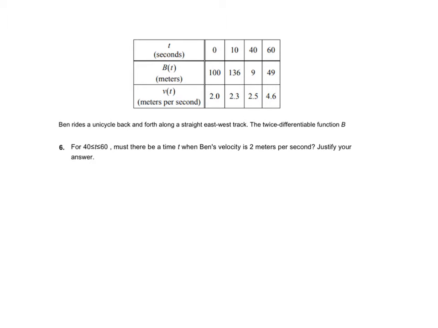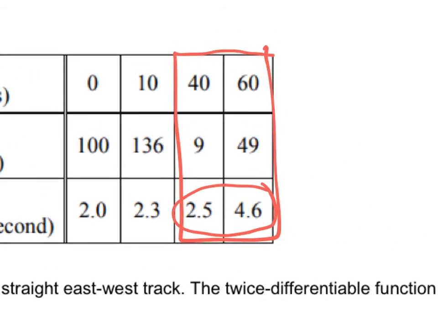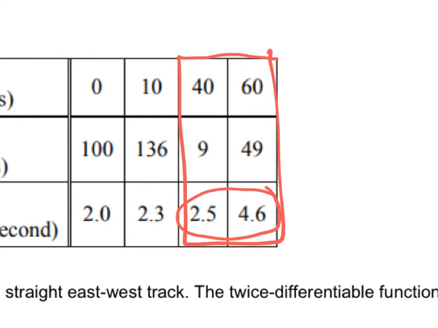We'd be looking at this, and we'd really be looking at these y values. So do you see from 40 to 60, the function at 40, the velocity is 2.5, and at 60, the velocity is 4.6.